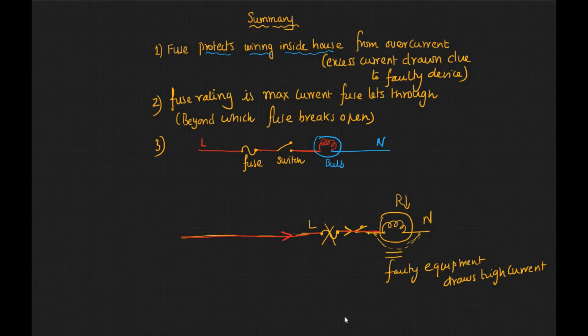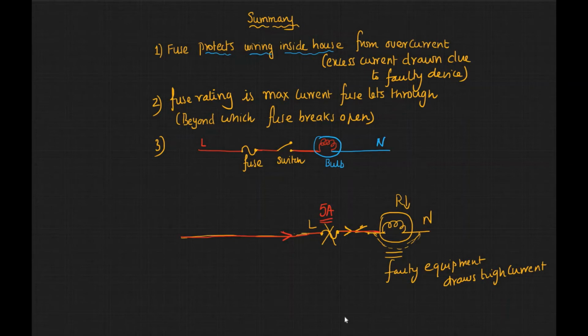The fuse rating is defined as the max current that the fuse lets through. So let's say, for example, the fuse rating of this can be like 5 amperes. So your wire is protected by ensuring that you don't draw more than 5 amperes, and beyond 5 amperes, the fuse will break open.